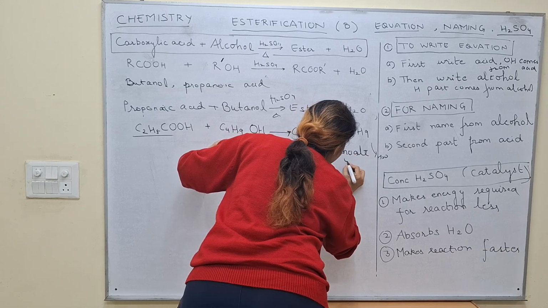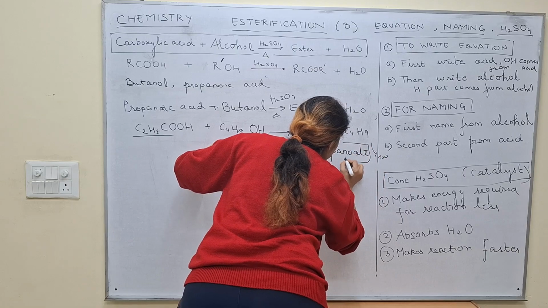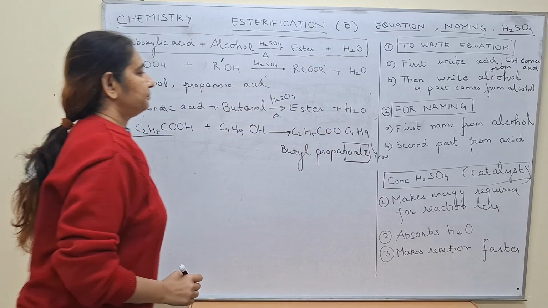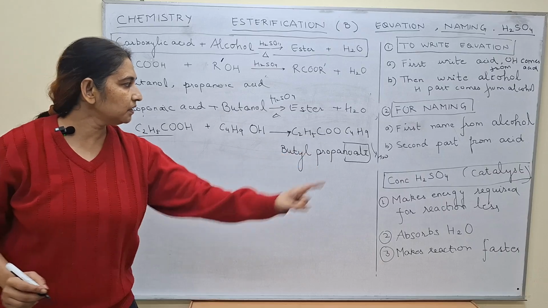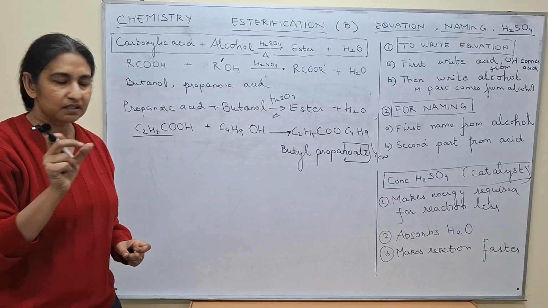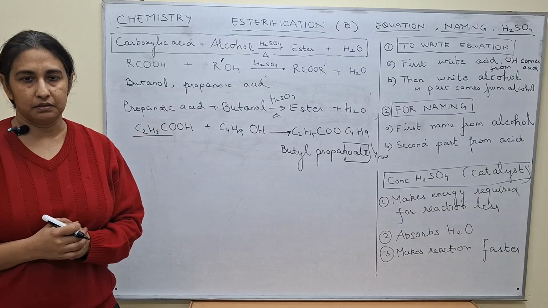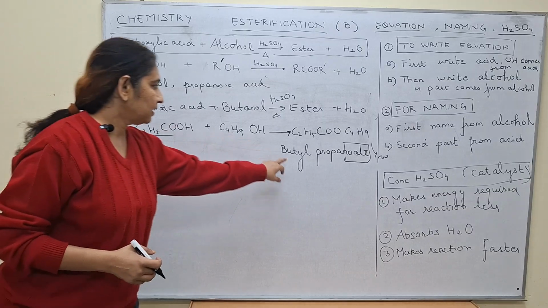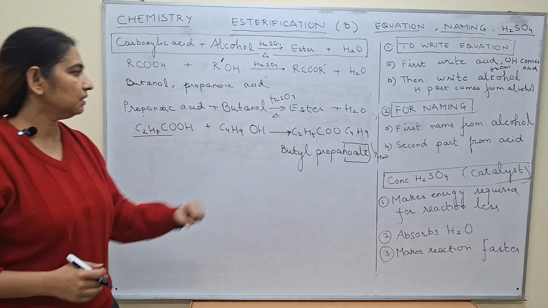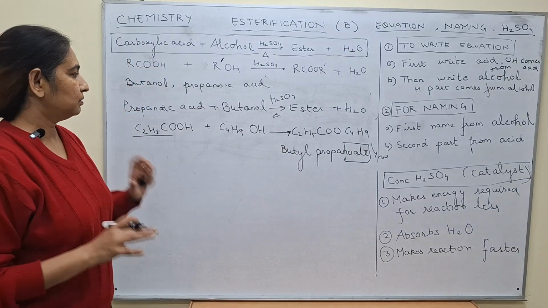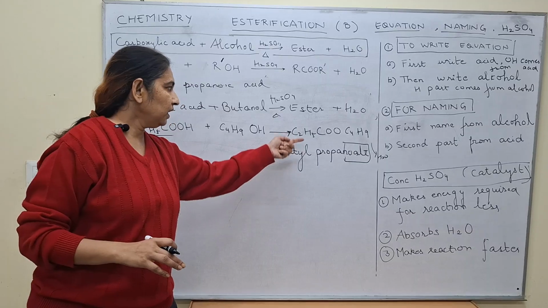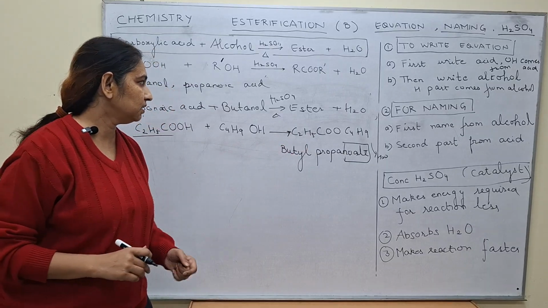See, this oate is a depiction of कि ester है. Whenever ये oate word आ जाता है ना, oate suffix आ जाता है, उससे पता चलता है कि thing is ester. So पहले हमने अल्कोहल का नाम लिखा, फिर हमने एसिड का नाम लिख दिया, oate लगा दिया. So that becomes the name of this ester.